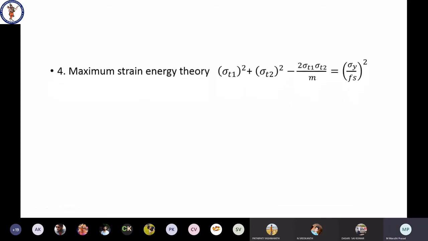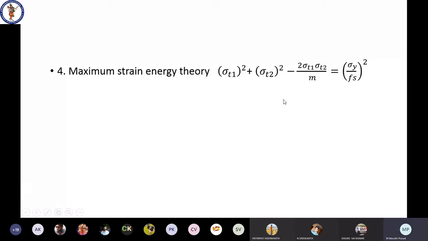Now we go to the fourth one, which is maximum strain energy theory. Sigma T1 square plus sigma T2 square minus 2 sigma T1 sigma T2 by m is equal to sigma Y by Fs whole square. This is as per the fourth theory.